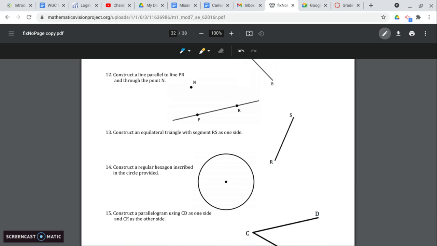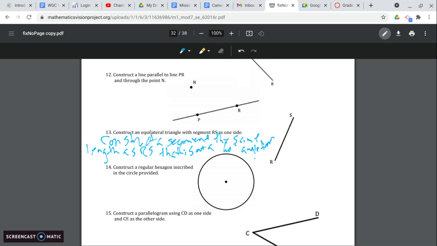You could explain how you would do it and what key features you would need to have. So like for the equilateral triangle, we can say construct a segment the same length as RS that is at a 60-degree angle from S. And then explain that we construct another one.